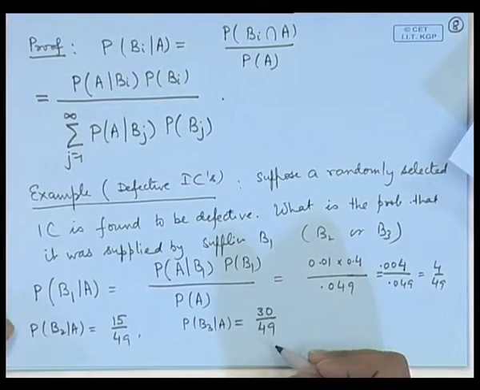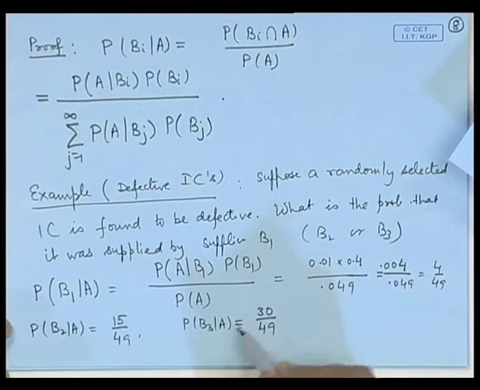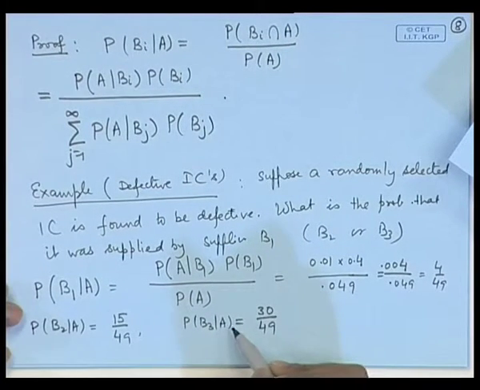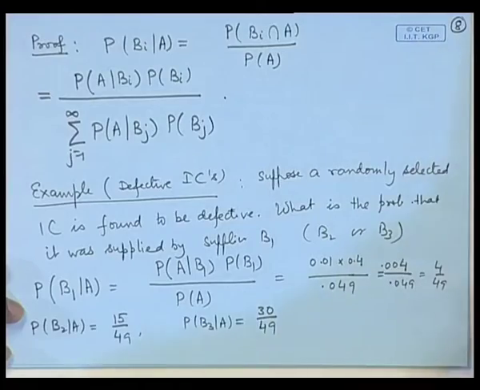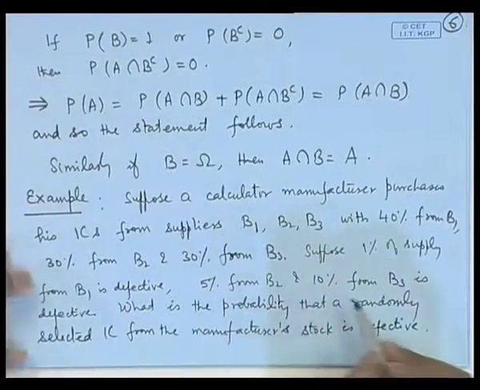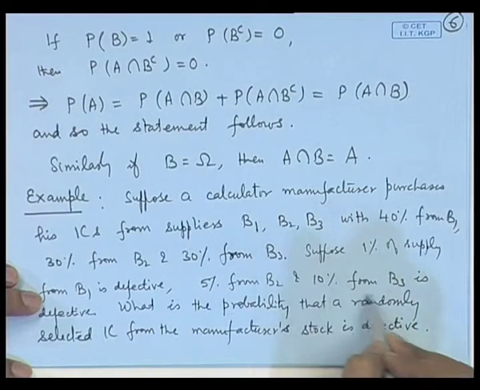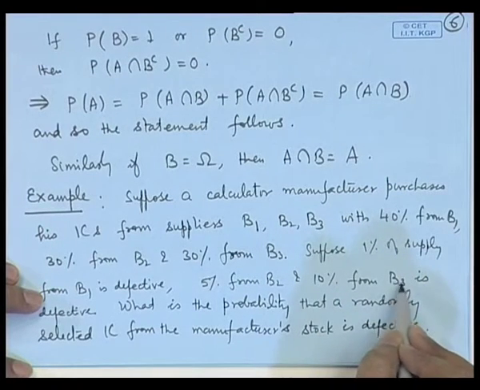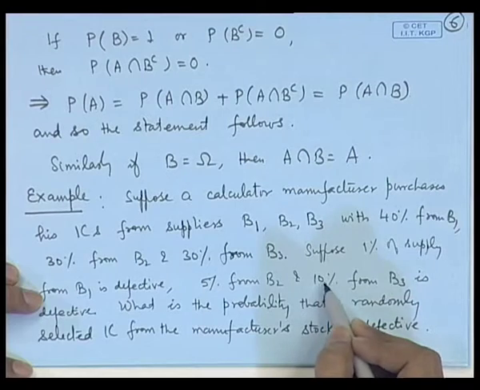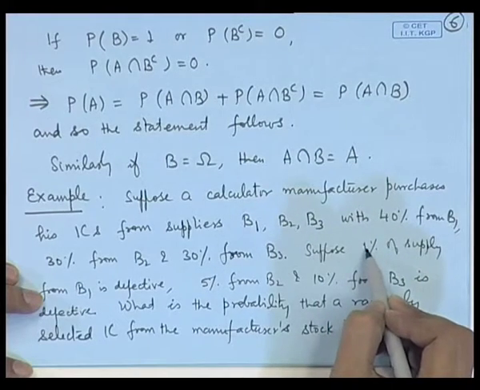You can see here the difference in the posterior probabilities. Although only 30% of the product comes from manufacturer third, if the finally selected IC is found to be defective, then it is most likely to have come from the third supplier. The reason being that in the hypothesis of the problem, it has been assumed that more products from the third supplier are defective, which is actually 10%, whereas from the first supplier it is only 1%.